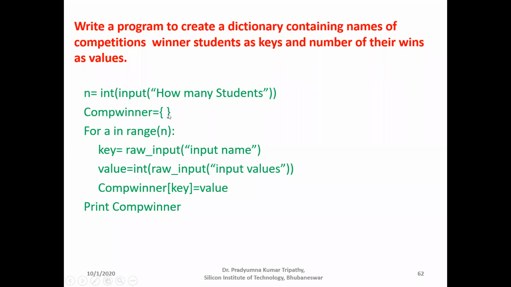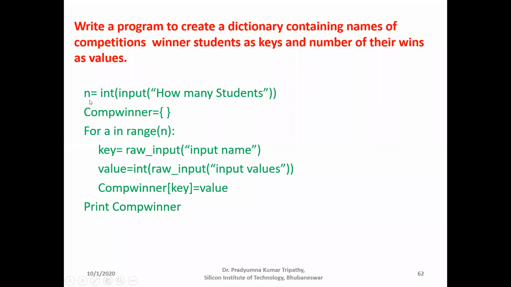If it is a square bracket, it is a list. If it is a parenthesis, it is a tuple. So this represents a dictionary. Similar brackets are also used in another data type, set, but we'll discuss that later. Any doubt? No, sir.